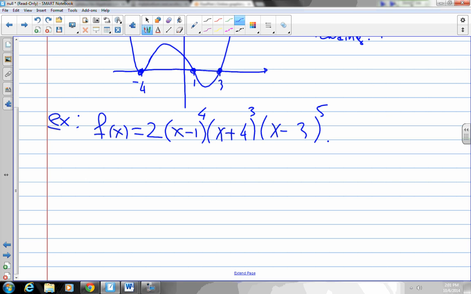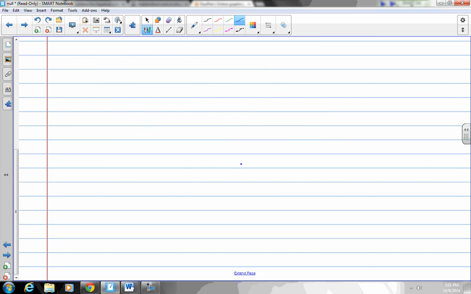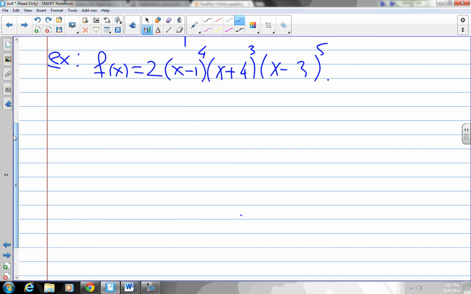Still the same intercepts, it's just going to be a whole lot funkier in there, but we're still going to hit the x-axis at -4, at +1, and at +3. Right? What is the degree of this polynomial? What do you think?